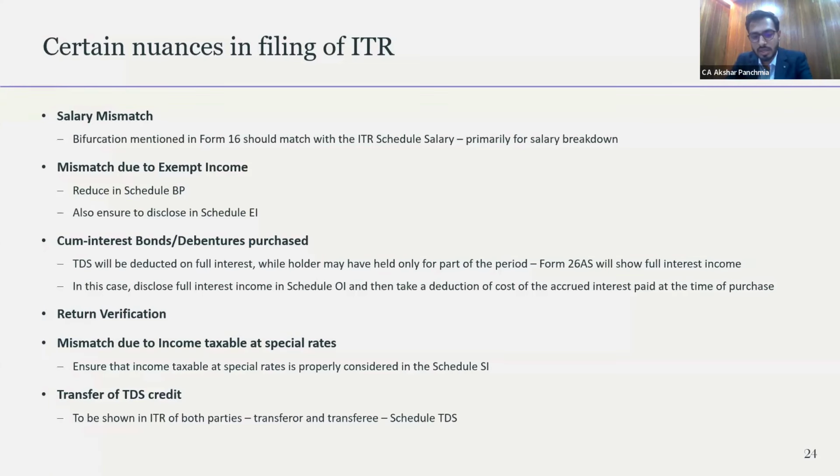But what happens is, since I have not filed the return for my son and provided in the schedule that so and so TDS is being transferred to so and so PAN, in that case, a mismatch will throw up and I will not get the credit of the TDS which is there in my son's account. Therefore, it has to be ensured that the transferor of the TDS and the transferee of the TDS both mention this detail of transfer in their Schedule TDS.